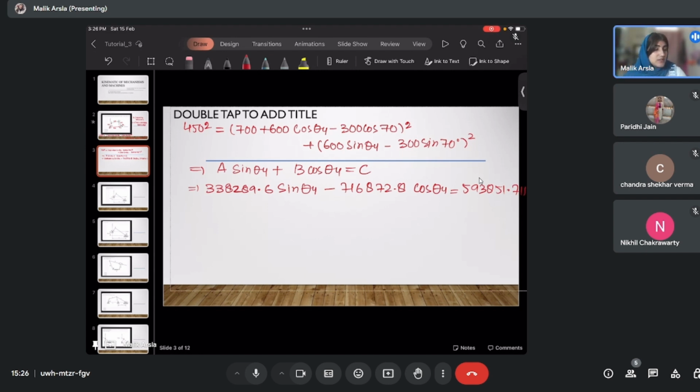Now the standard procedure for solving this kind of equation, which is in the form of a sine theta 4 plus b cos theta 4, is that we substitute sine theta 4 and cos theta 4. So how do we do it? Do you know about the half angle formula?